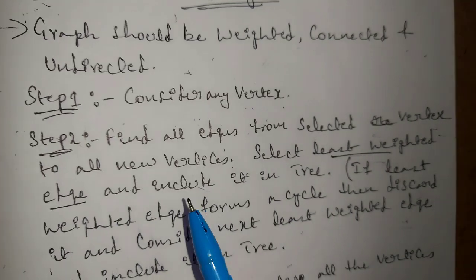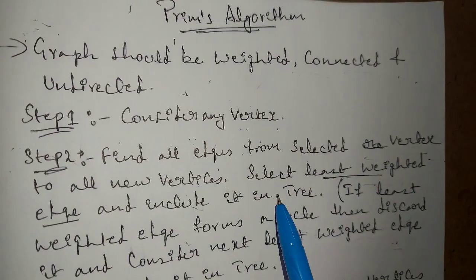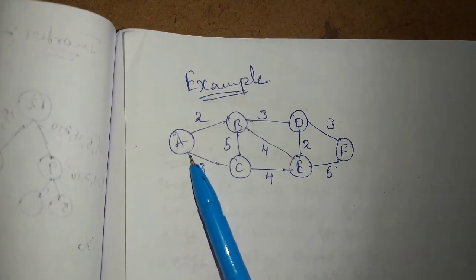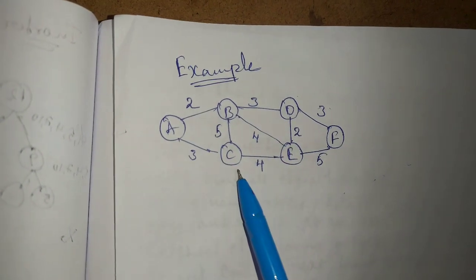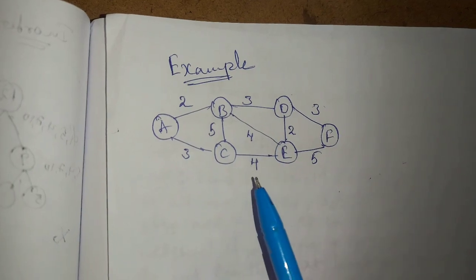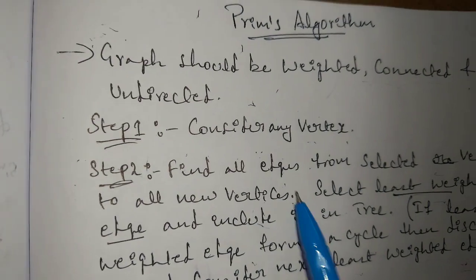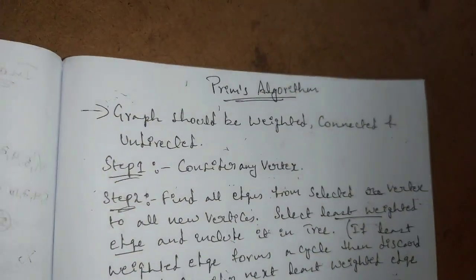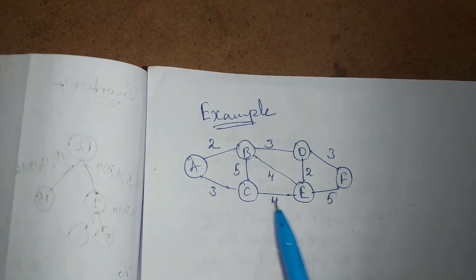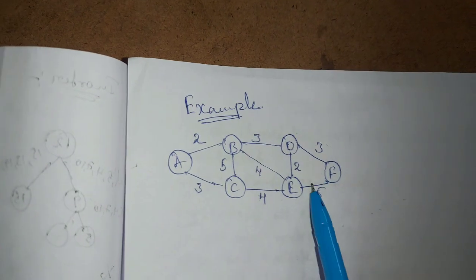The second step is to find all edges from selected vertices to all new vertices. That means if we select a vertex A, find all the connections of A to B and A to C, like this, and create the minimum cost. Like this, all connecting edges should be selected in the graph.